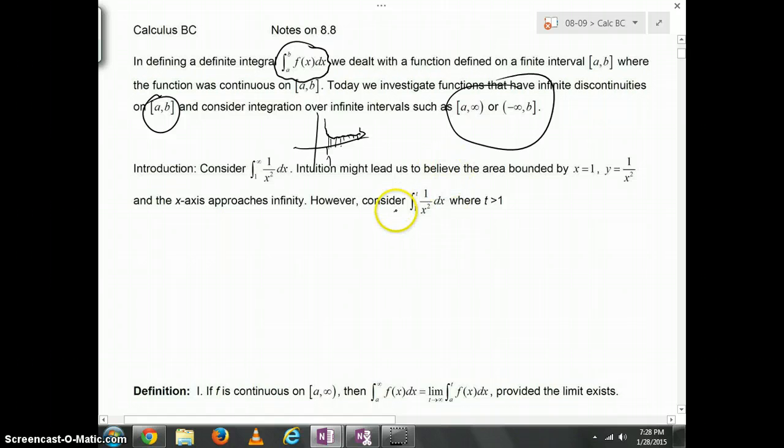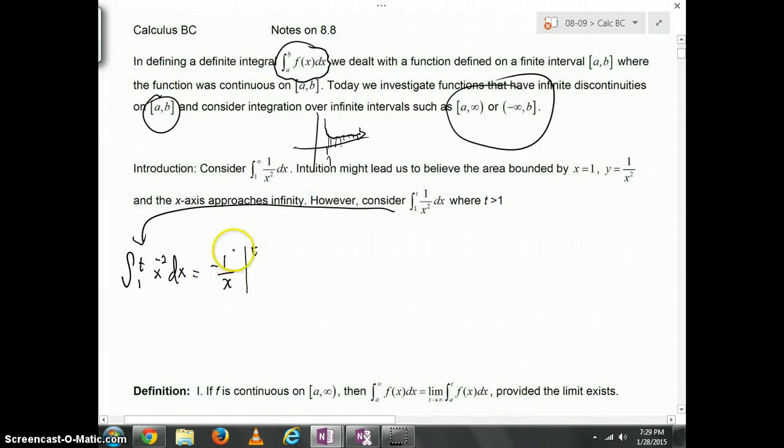Of course, what we can do real quickly is realize that 1 over x squared is really x to the negative 2. And as we would use our fundamental theorem, we'd bump this power up to the negative 1 power, so we'd get x to the negative 1 divided by negative 1. That would really be equivalent to negative 1 over x, I am so sorry.